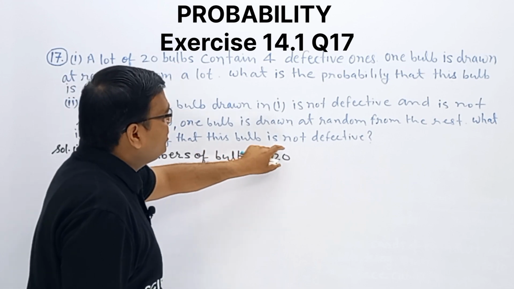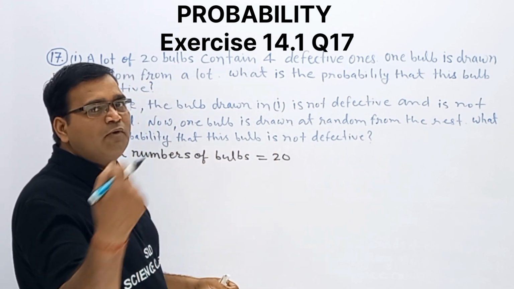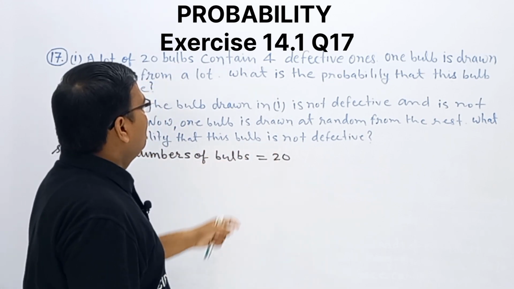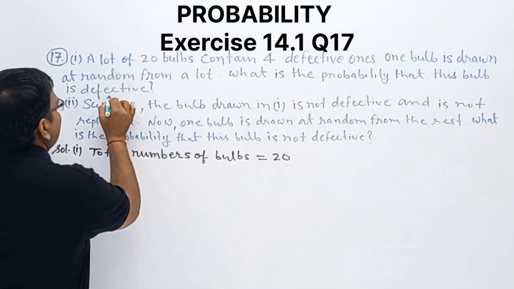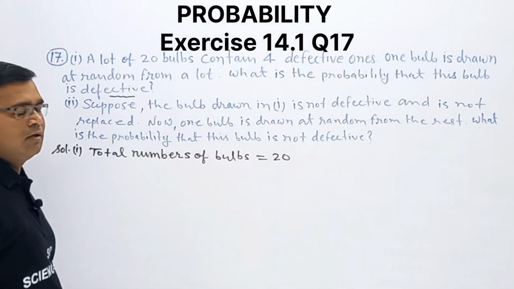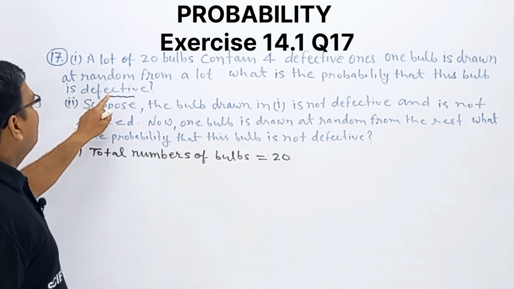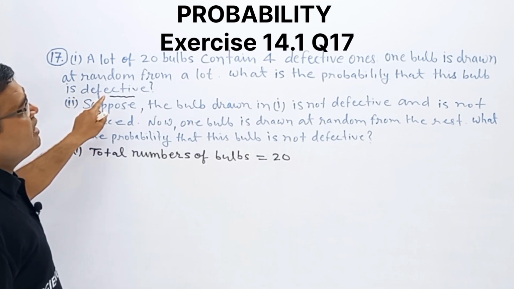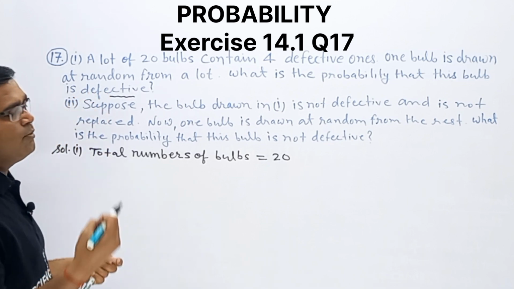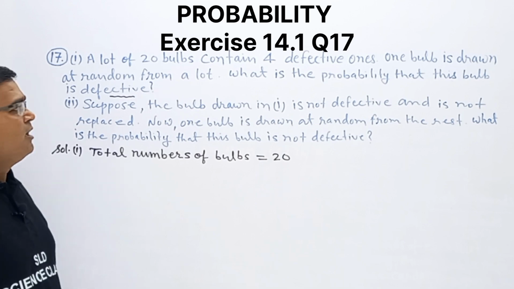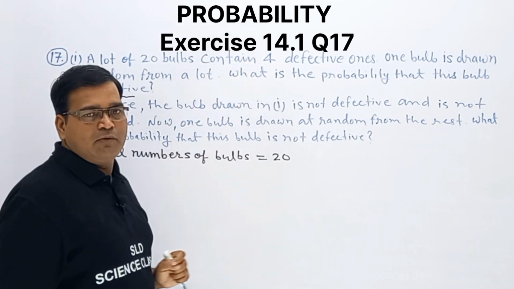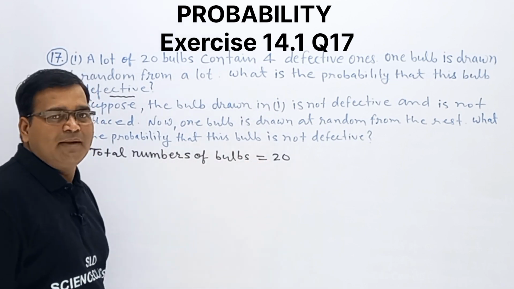One bulb is drawn at random from a lot. A lot having 20 bulbs, we are drawing one bulb from this lot. What is the probability that this bulb, whatever bulb we are drawing, is a defective one? We have 4 defective in a lot of 20 bulbs.